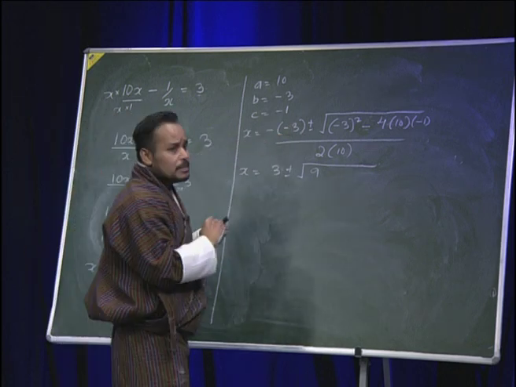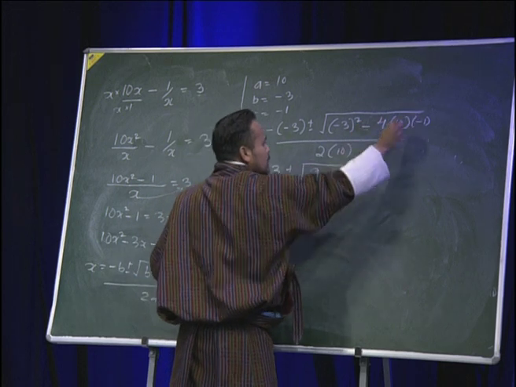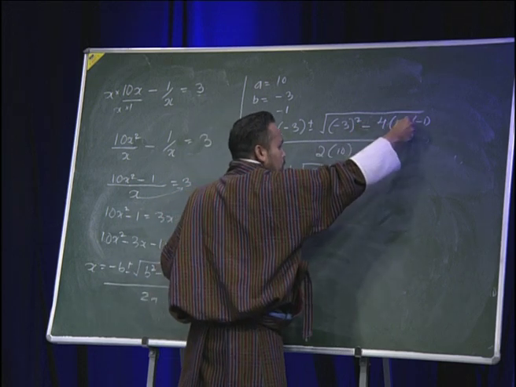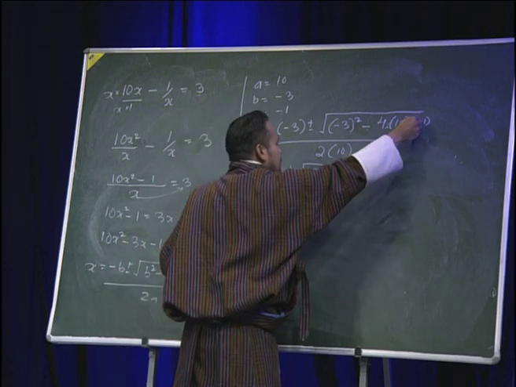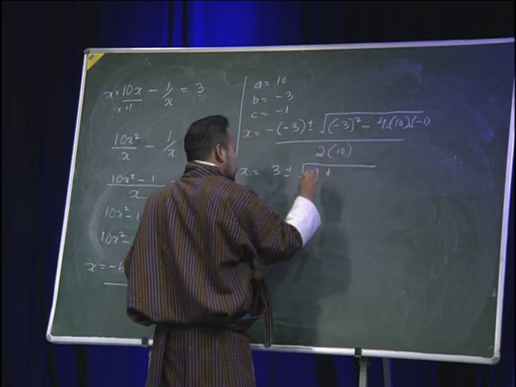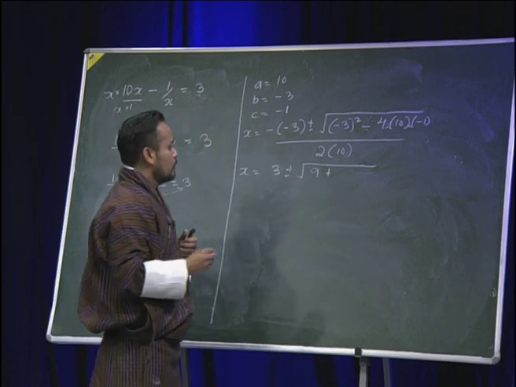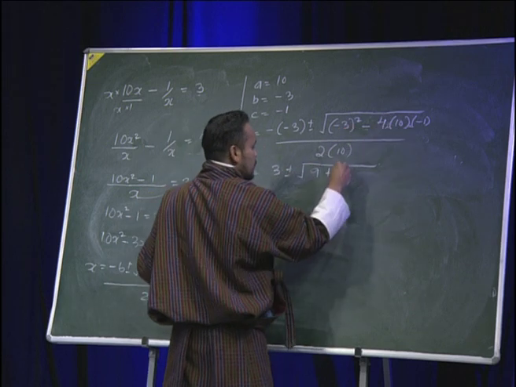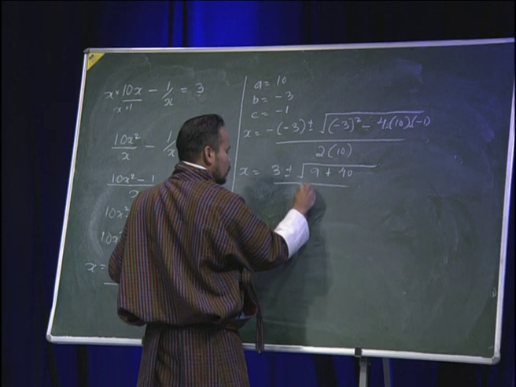Here you have a negative, but here you have another negative. So, because all three numbers are multiplied, negative times negative will be positive. You have to always remember this. You shouldn't make a mistake here. Okay, 4 times 10 will be 40, whole divided by 2 times 10 will be 20.